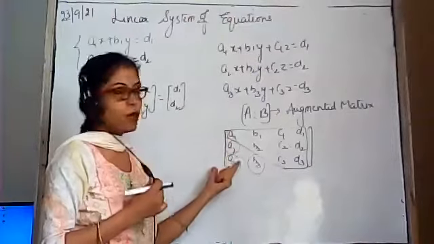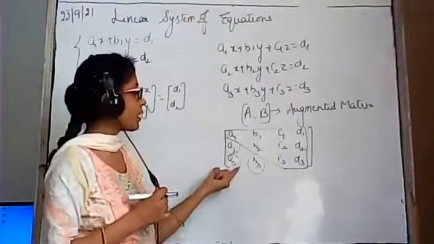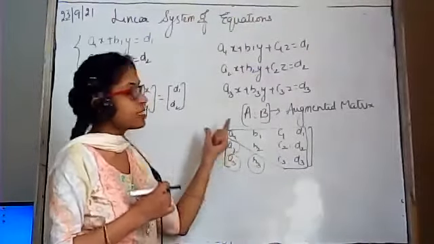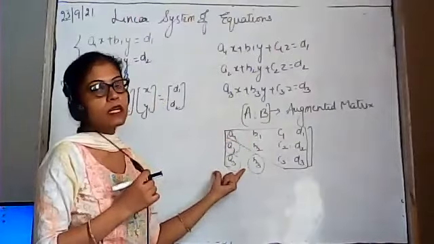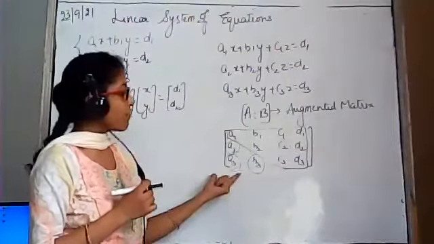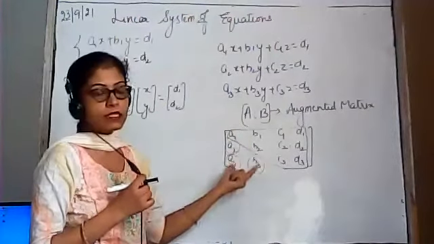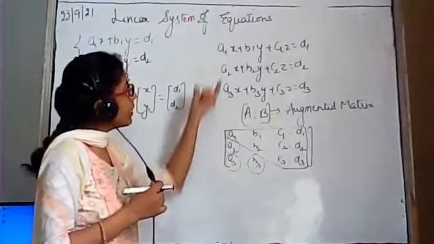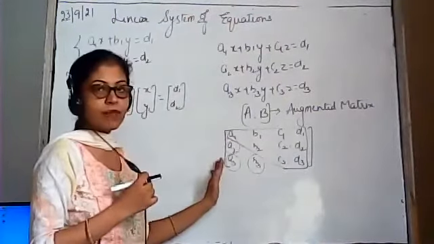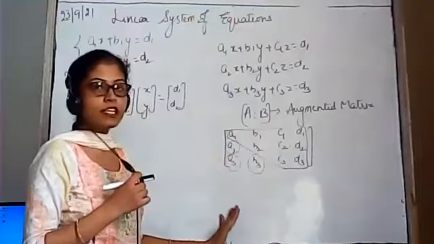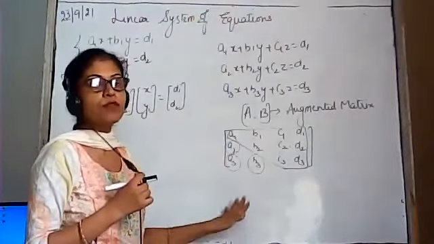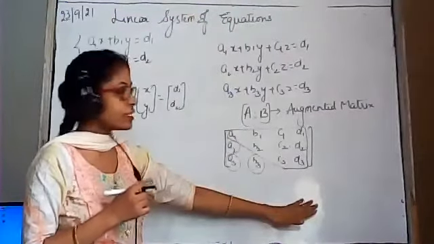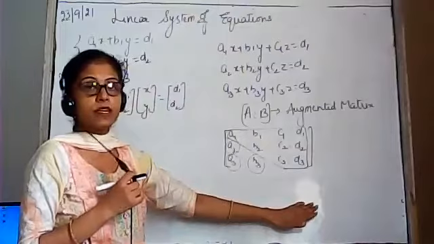After applying the row operations in such a way that we reduce this matrix to upper triangular matrix, we will again write the matrix in the form of equations.